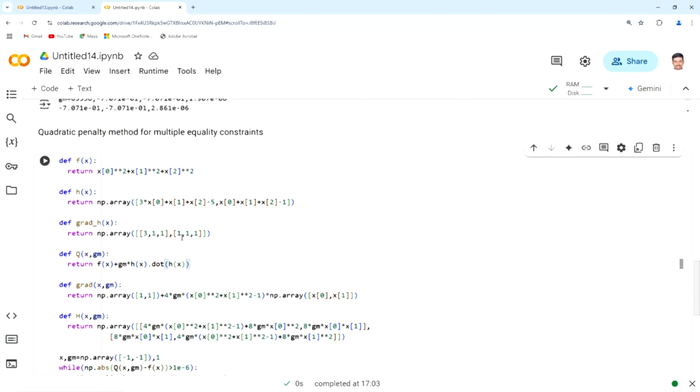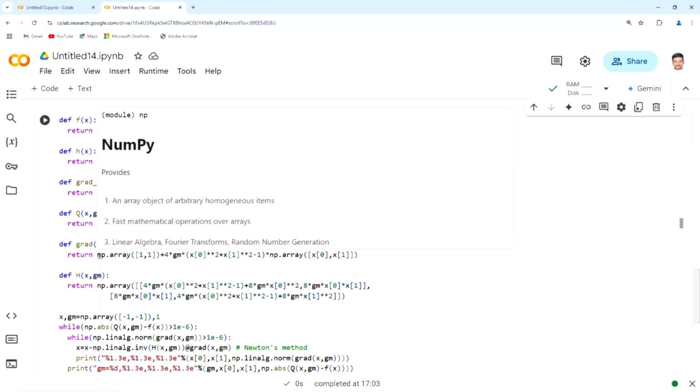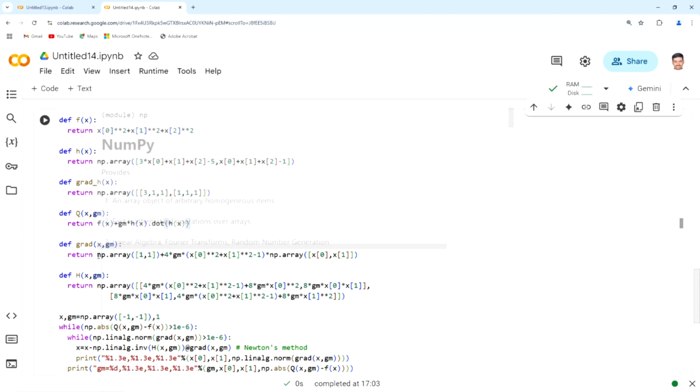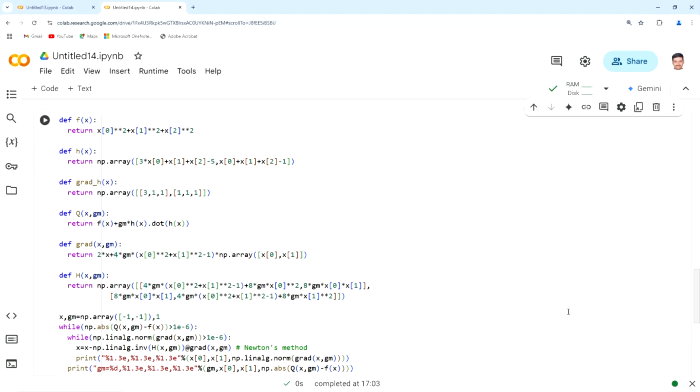Okay. And similarly, here we write grad f of x. I could have straight away used grad f of x, but since it is just 2 into x, I will just write it as 2 into x, which is much easier. Okay. And here I am going to write this equation 2 gamma into summation h j into del h j. Okay.